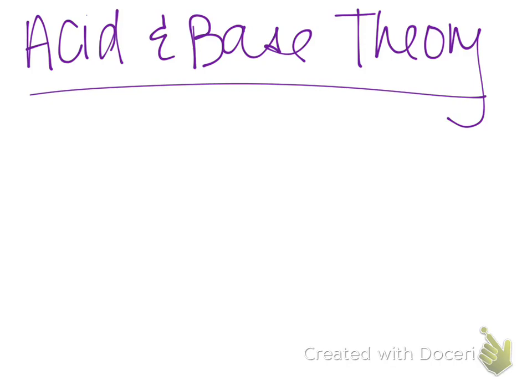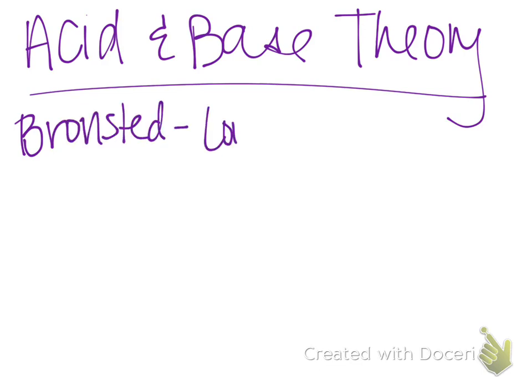One of them I identify with a lot because it just makes sense to me. The other one is a little bit more wraparound, but both of them are perfectly fine theories. They just have different ways of thinking. So the first one we're going to talk about is called Bronsted-Lowry acids and bases.